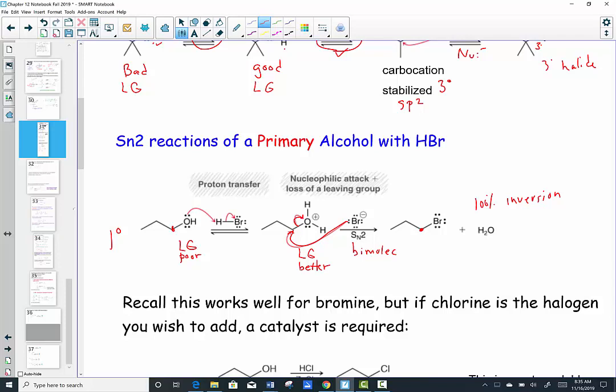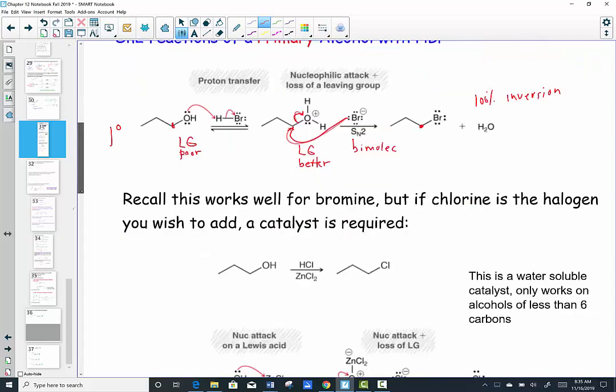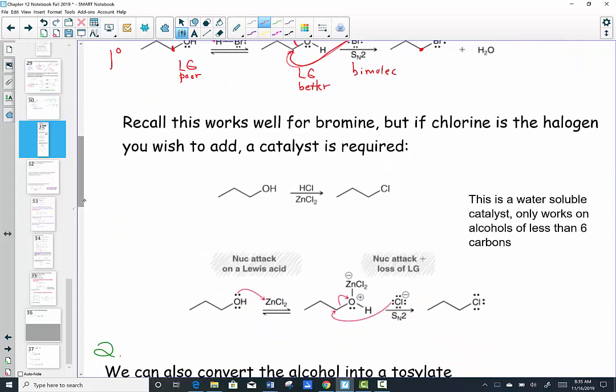It works well for bromine, HBr, across the arrow, but remember, if we're trying to add chlorine as the halogen, adding HCl to a primary alcohol is so sluggish it doesn't work well unless we have the presence of a catalyst. And the catalyst that is used is zinc chloride, which is a metallic salt, right? Zinc chloride, ZnCl2, built of two ions, a zinc and two chlorides.